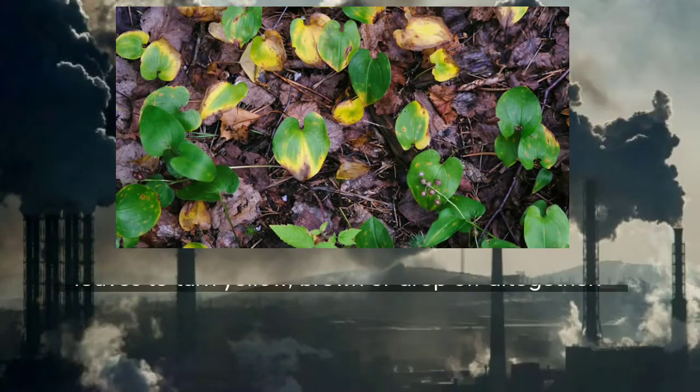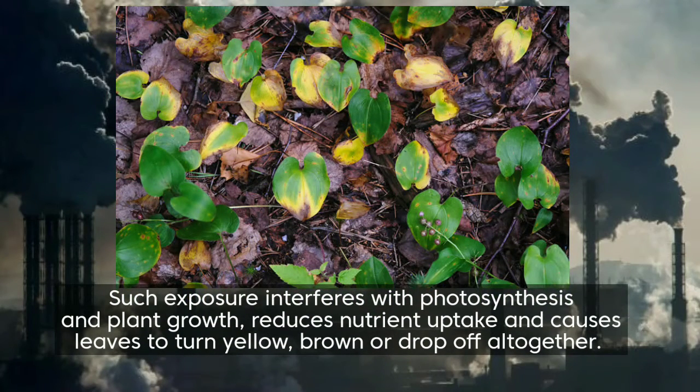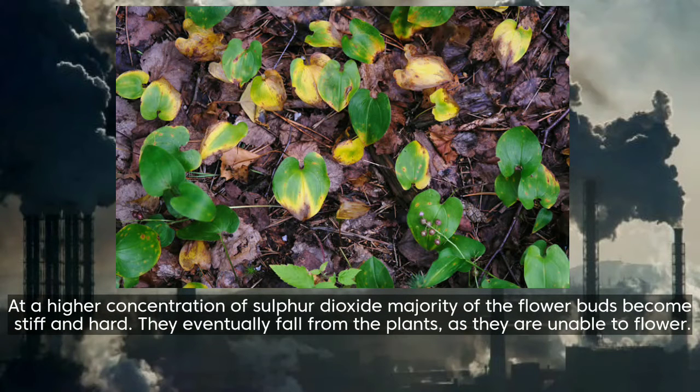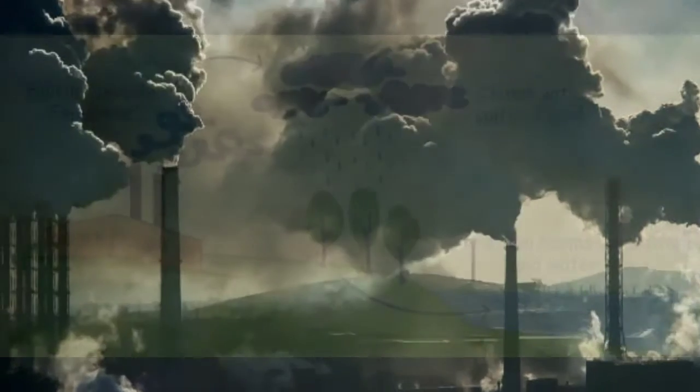Such exposure interferes with photosynthesis and plant growth, reduces nutrient uptake, and causes leaves to turn yellow, brown, or drop off altogether. At a higher concentration of sulfur dioxide, the majority of the flower buds become stiff and hard. They eventually fall from the plants as they are unable to flower.